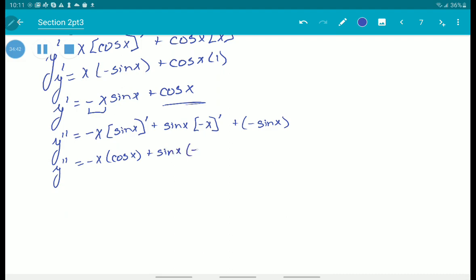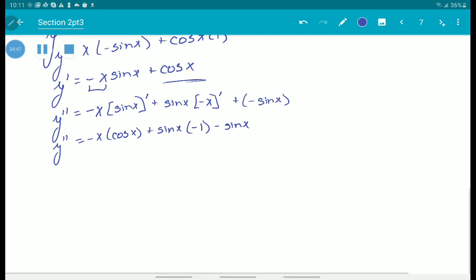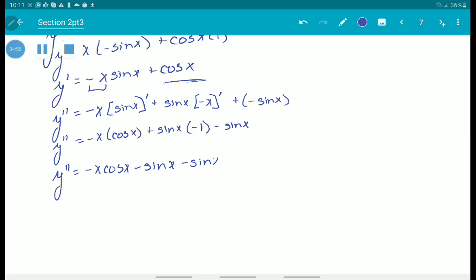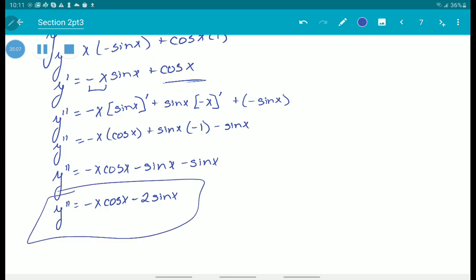Derivative of negative x is negative 1. And then let's clean it up. There it is. So there is our second derivative for that particular problem.